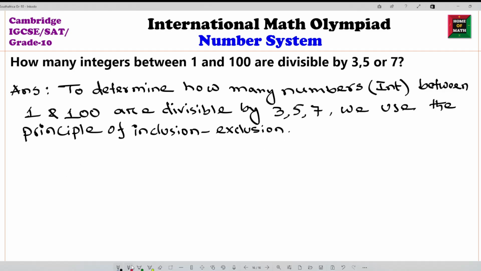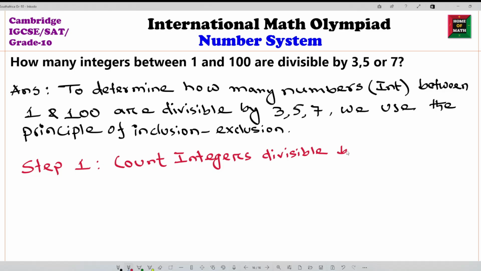So first, step 1, where we count integers divisible by each number.